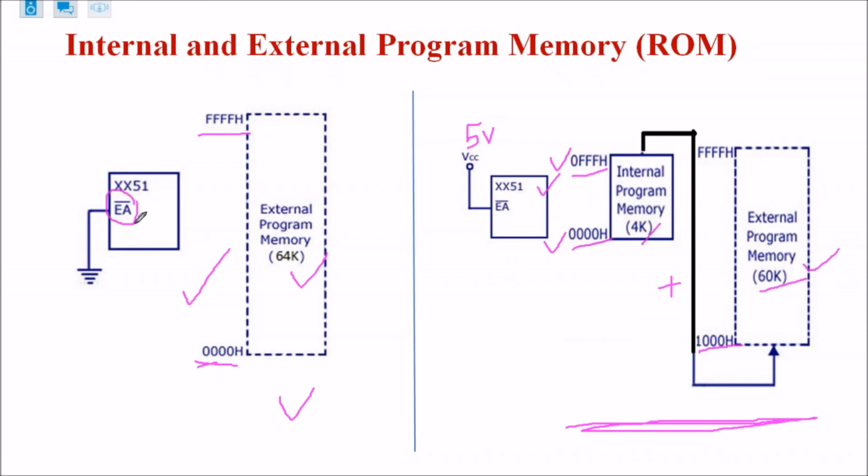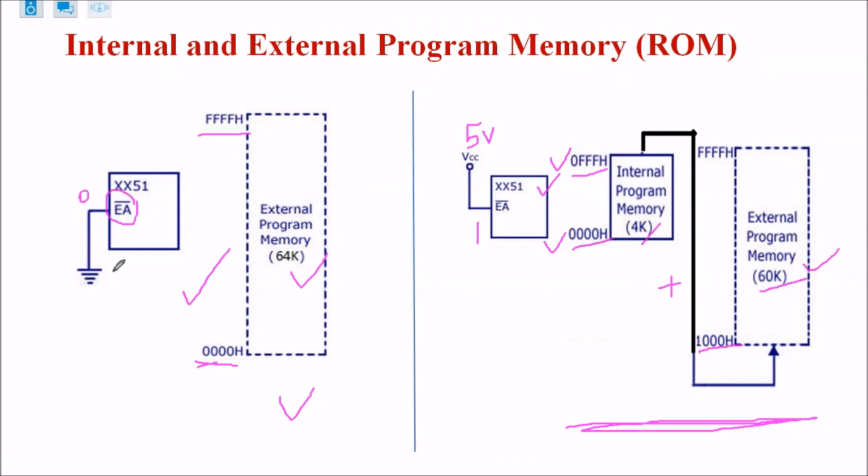When this EA bar terminal is connected to ground externally to your kit, you have to connect it to ground if you want to use the whole memory as external memory. External address enable: connected to ground, it is active 0. So when it is 0, the whole external memory is enabled. When it is 1, the user can use an internal plus external combination. Hope it is clear to you.